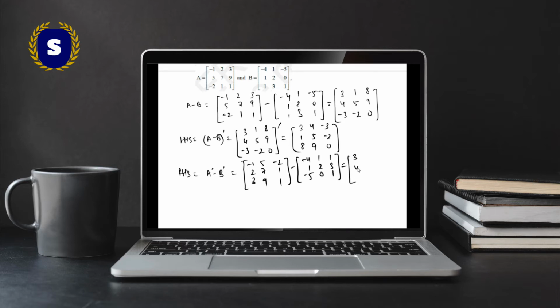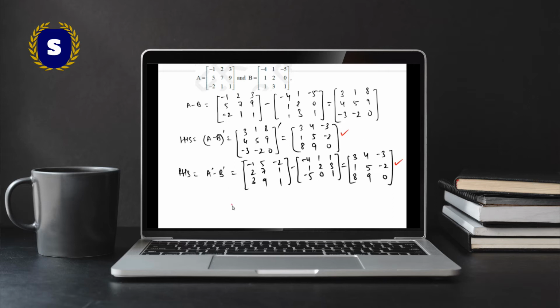3, 4, 3, 1, 8, 4, 5, 9, -3, -2, 0. Okay, so we can check here that the LHS is equal to the right hand side.